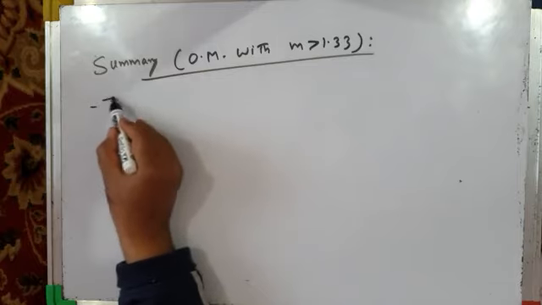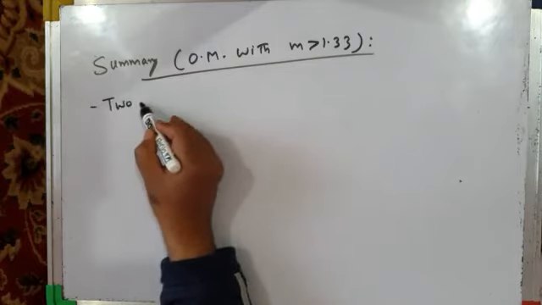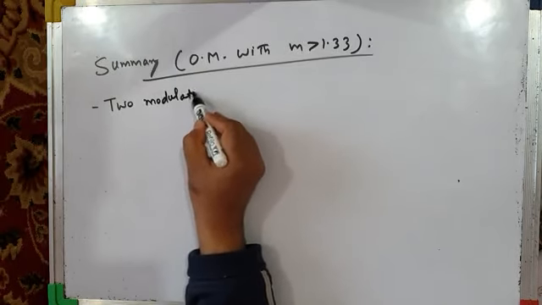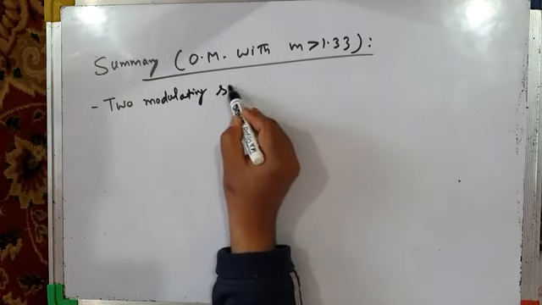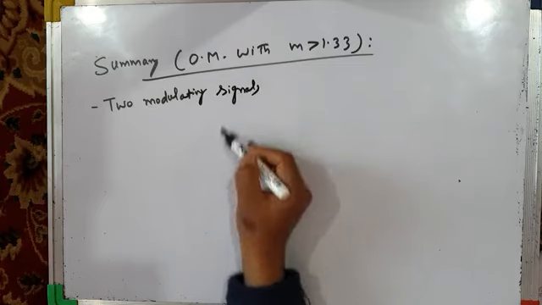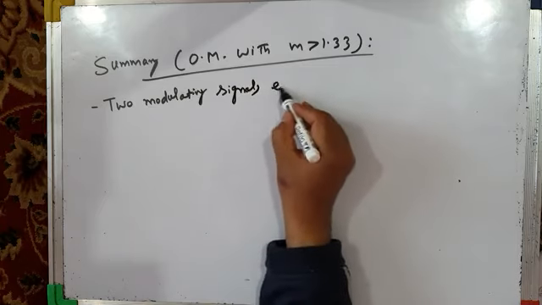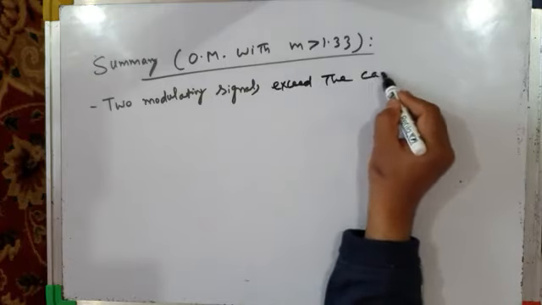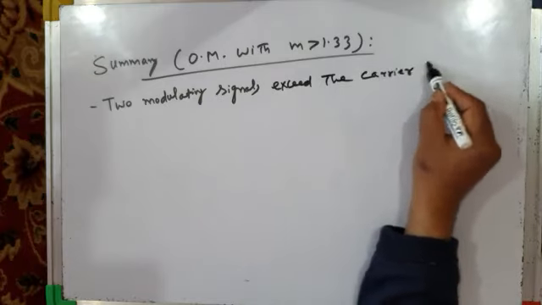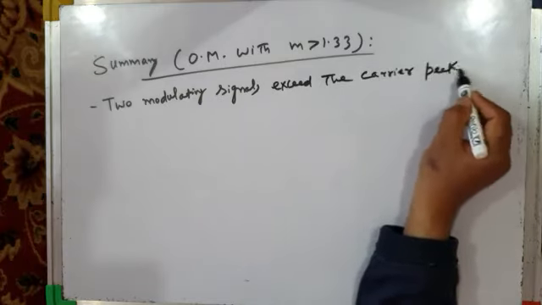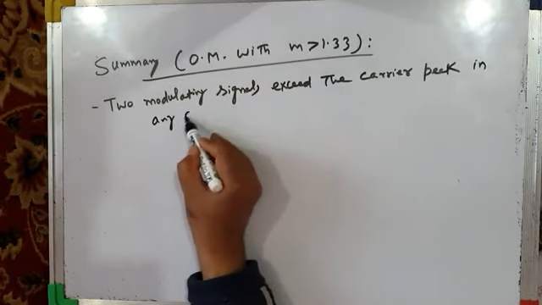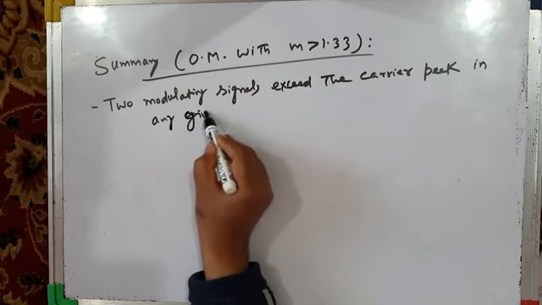First point that we have observed is that at any instant of time, two modulating signals exceed the carrier peak in any given carrier cycle.